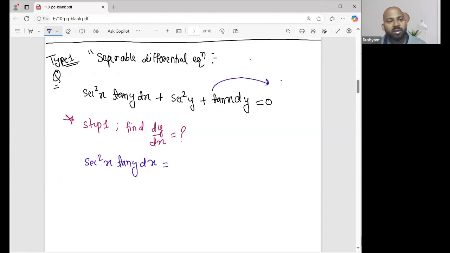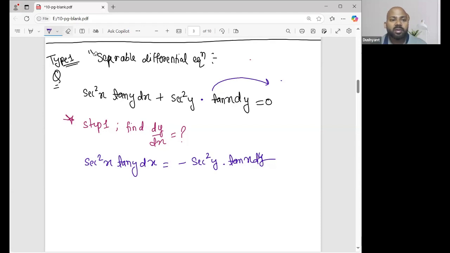The equation is sec square y, tan x dy equals negative sec square x, tan y dx. From here, we will find out dy over dx.